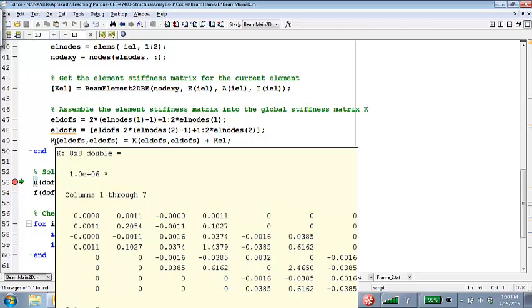When MATLAB says 8 cross 8 double, that double stands for double precision, which is essentially saying that MATLAB is storing up to 15 or 16 digits after the decimal point. And this is important because when your problem sizes grow, this is a small problem, 8 cross 8, even though by hand it is very difficult to do.